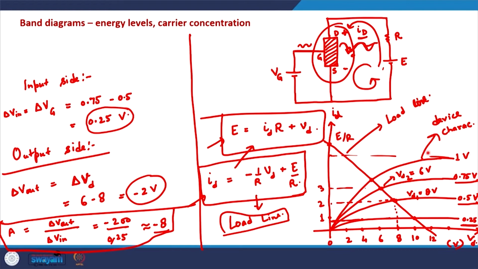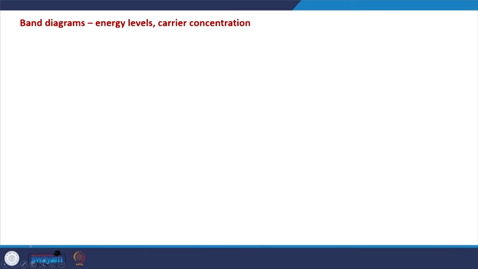So even if there is a small change in the gate voltage, the channel can either be there or may not be there, and that reflects in a huge change across the drain terminal on the IV characteristics, and that is how this amplification is achieved. So now I hope this idea of amplification in these devices is clear.